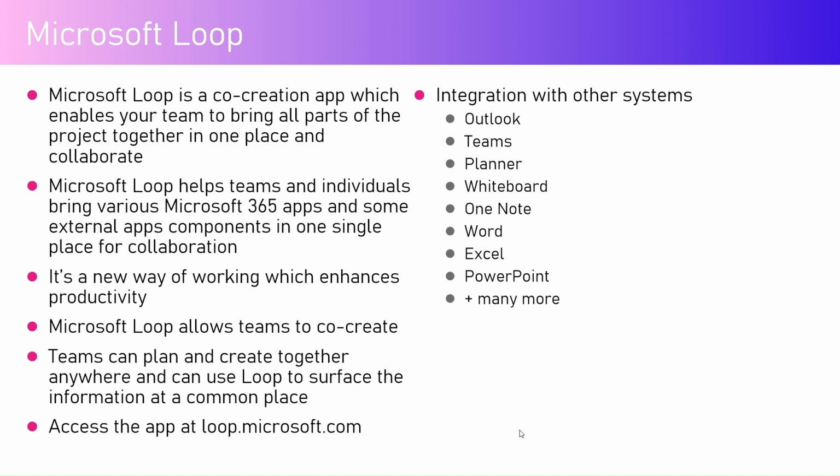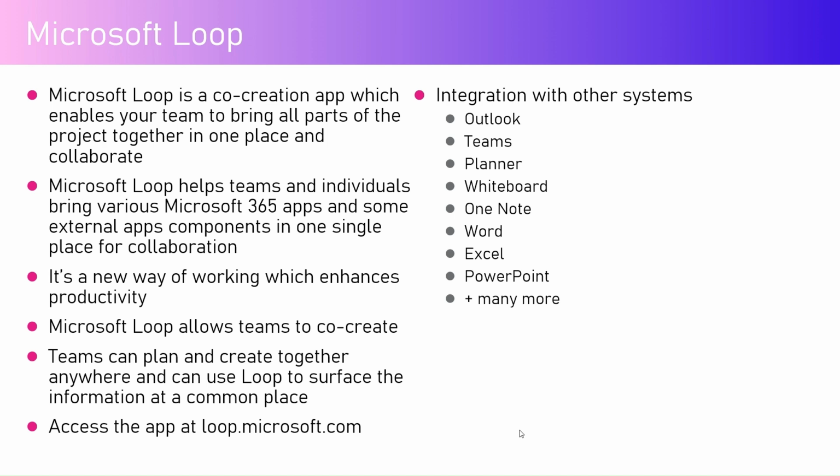Microsoft Loop allows teams to co-create the content, so you can make use of your team members' skill set to collaborate on a specific idea, solution, or ideation process in its entirety. Teams can plan and create together anywhere and can use Loop to surface the information at a common place.